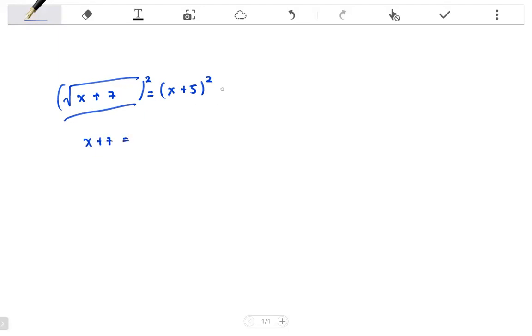And x plus 5 squared is the same thing as x plus 5 times x plus 5, right? So we can FOIL that: outside, inside, last, which is x squared, positive 5x outside, positive 5x inside, and last is going to be positive 25.